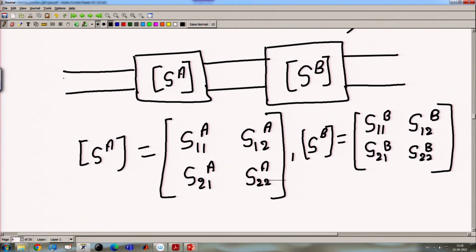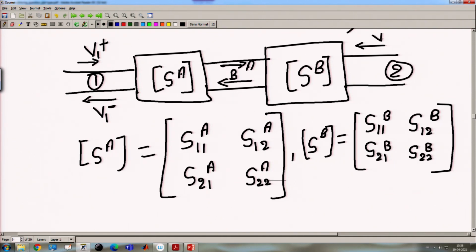For this port 1, here it is port 2, and we can assume that on this side there is A, and the reflected part is B. Here V1 plus is the incoming wave and V1 minus is the reflected wave, and from port 2, V2 plus is the incoming wave and V2 minus is the reflected wave.